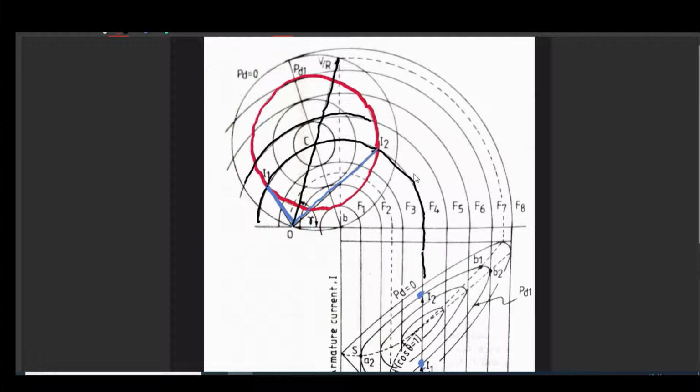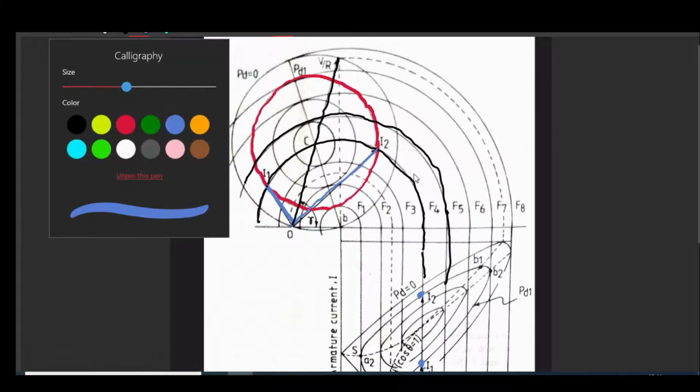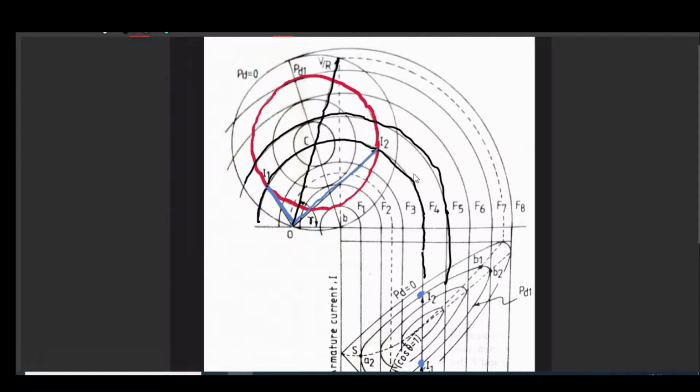Say if we take this line, obviously here also you can draw two currents.